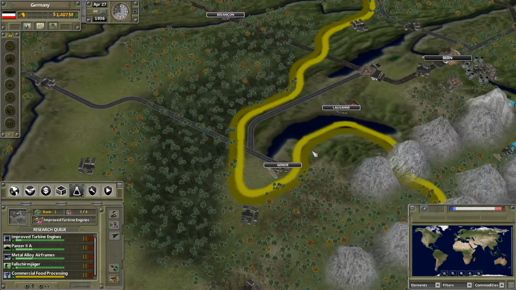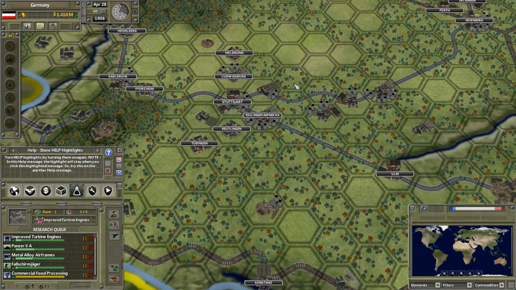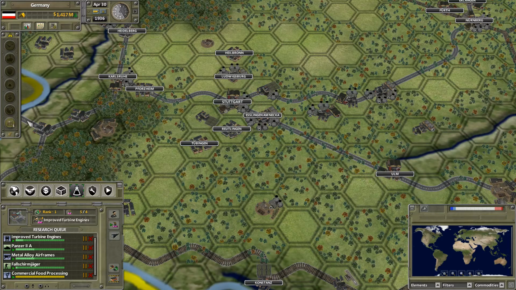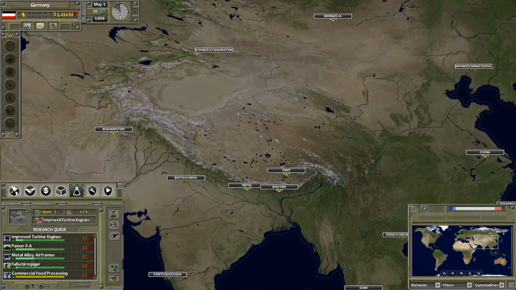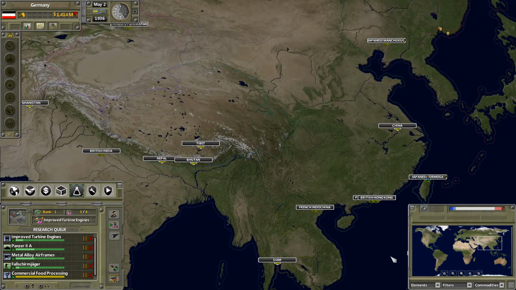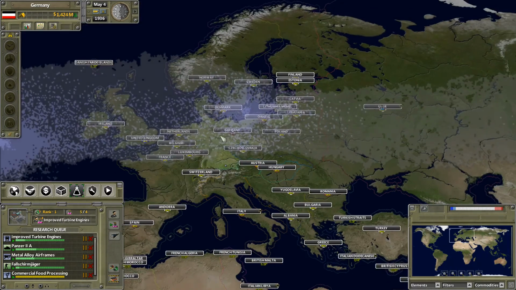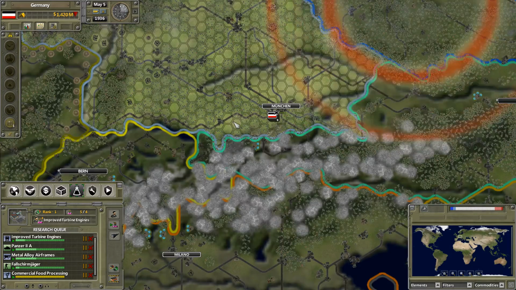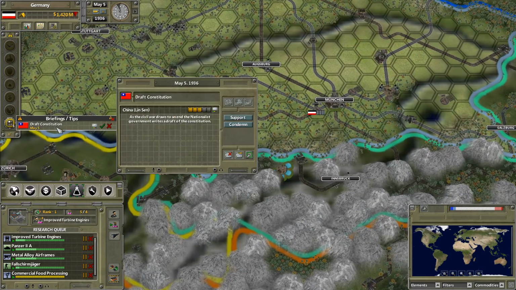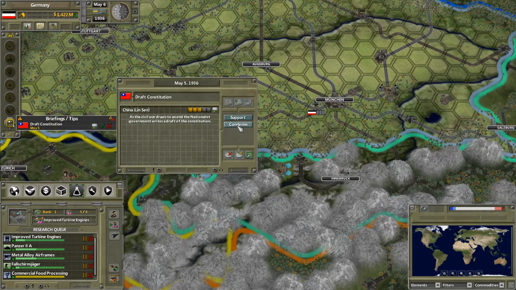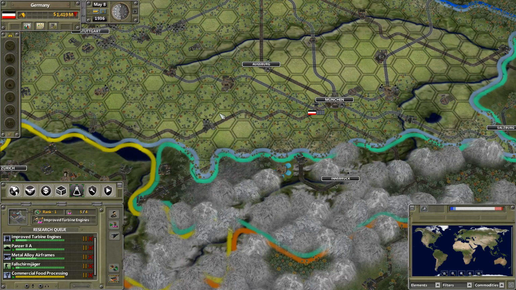For example, if you want to support someone's war against someone certain, there are some help messages there. Japan decided to declare war on the Soviet Union, but this is not the let's play portion of it yet, and you can actually see the weather going in there. That has an effect on many things. For example, here you can support or condemn. We're going to support the Chinese.